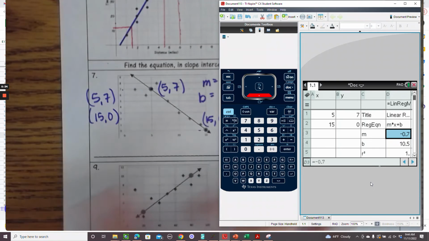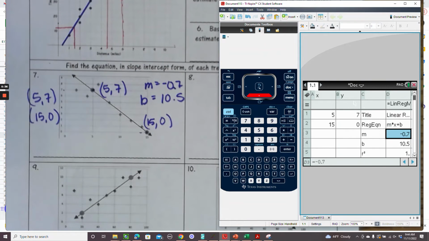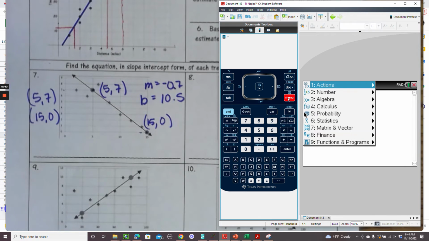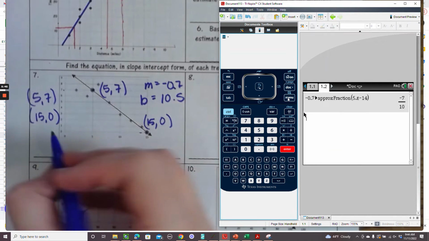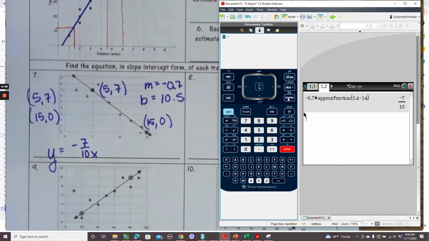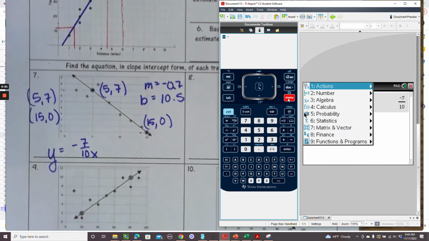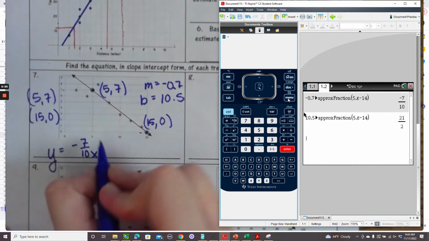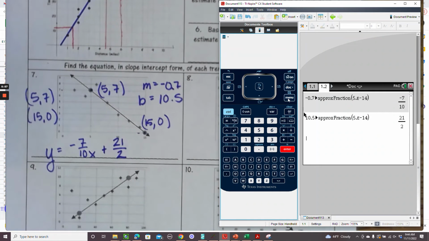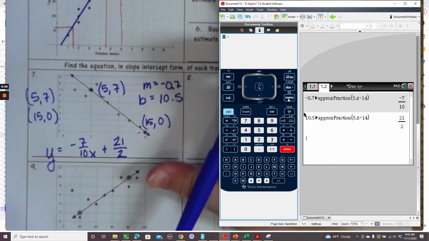I need to change both of those into fractions. Negative 0.7, menu 2, is negative 7/10. That's my slope. And then 10.5, menu 2, plus 21/2. That's all you have to do on your part today.